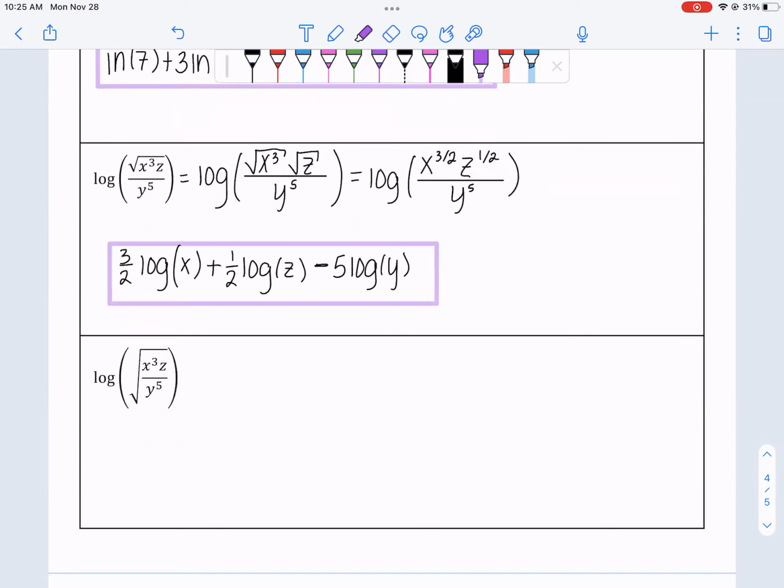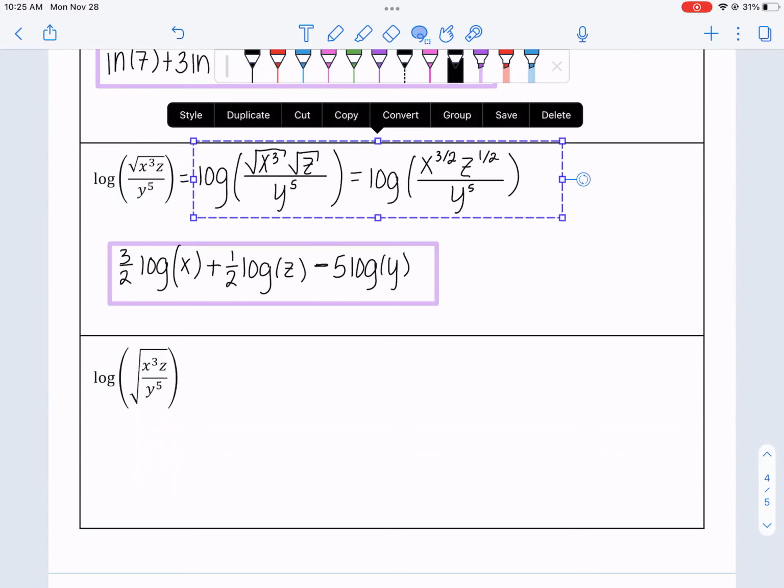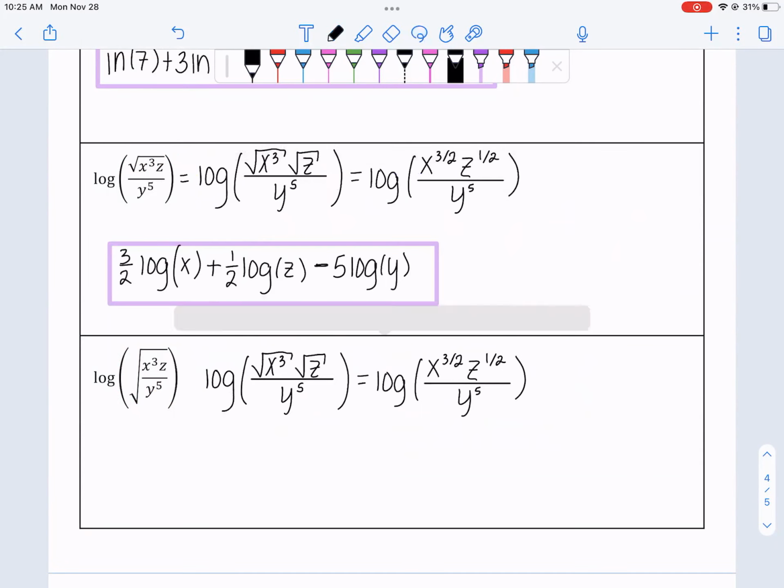All right. This last one is very similar to this one, all right, but I wanted to show the difference between if this radical was just in the numerator versus if it was over everything. So if it were over everything, it's going to be very close to this.